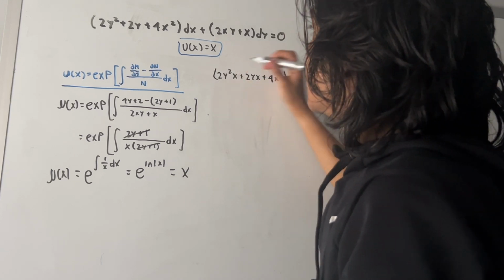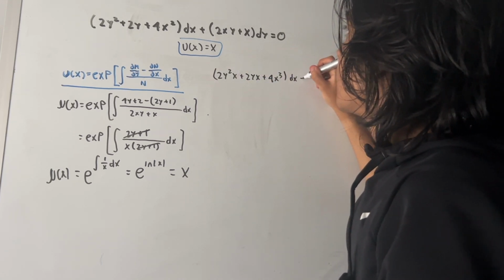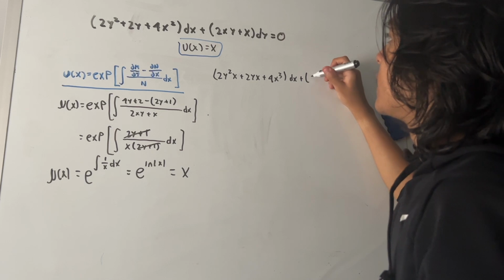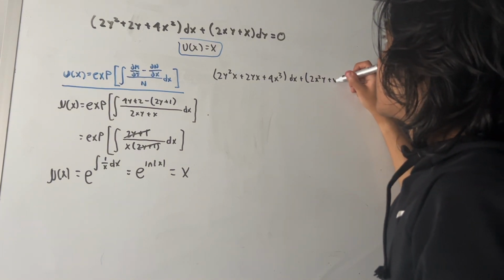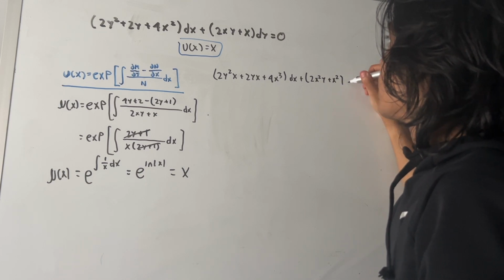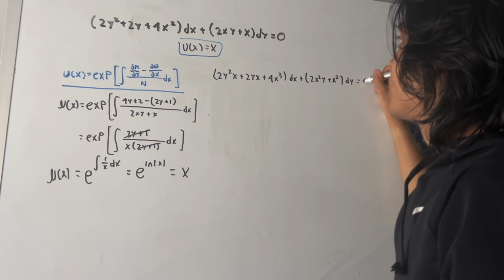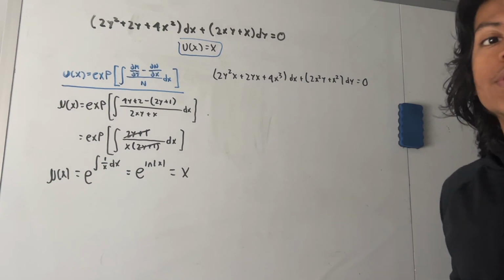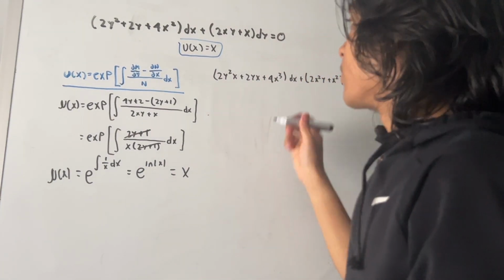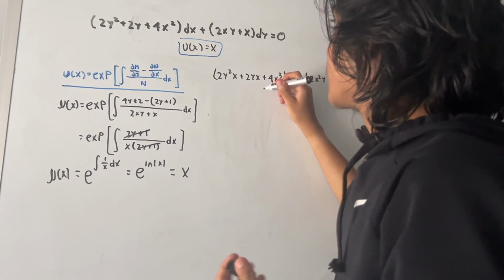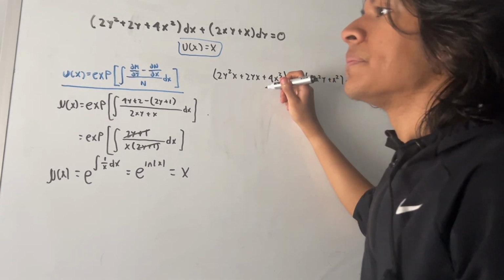This is going to be dx plus then 2x squared y plus x squared dy. And now we just do the definition of exactness that will verify that there is a solution for this differential equation, or at least an exact solution.